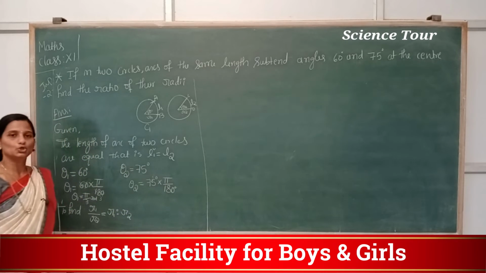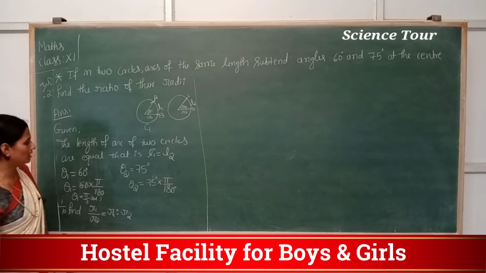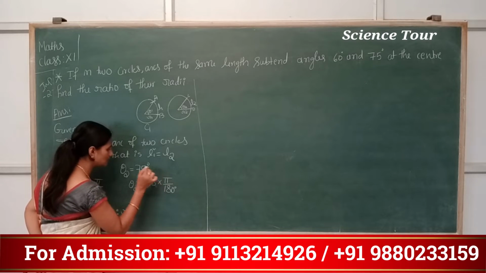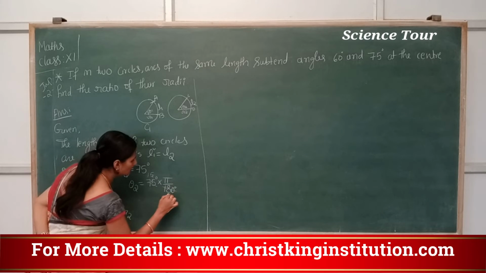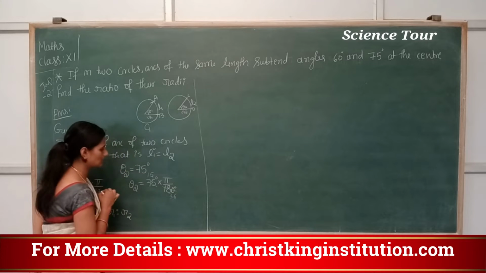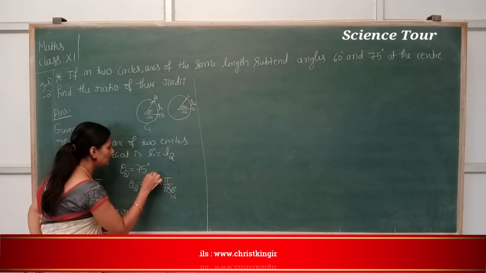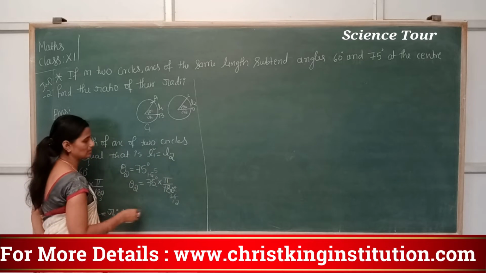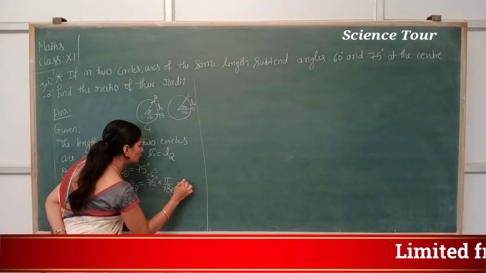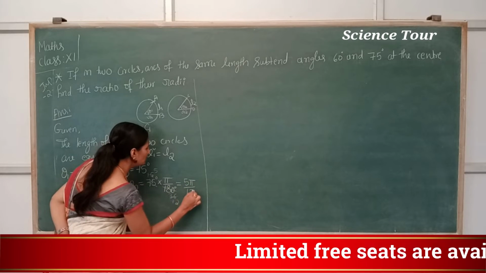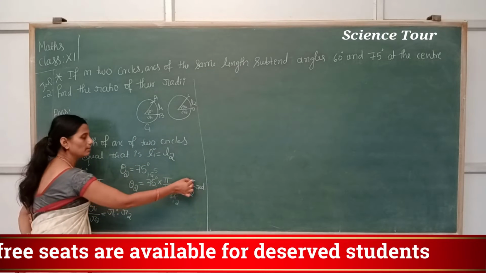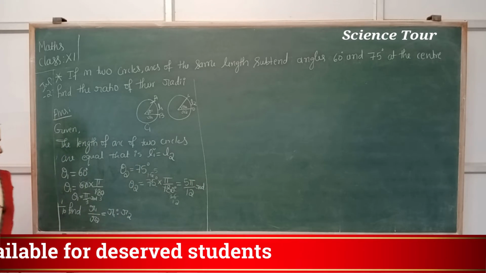Now how to simplify? 5 ones are 5, 5 fives are 25, 5 threes are 15, 36. Again by 3, 3 fives are 15, 3 twelves are 36. So your radian is 5 pi by 12 radian. So 75 degree means how much here? 5 pi by 12 radian, right?